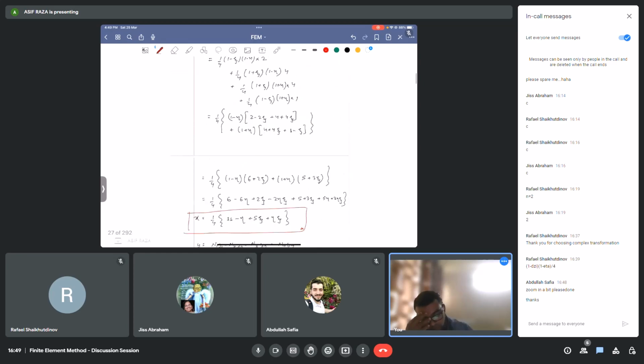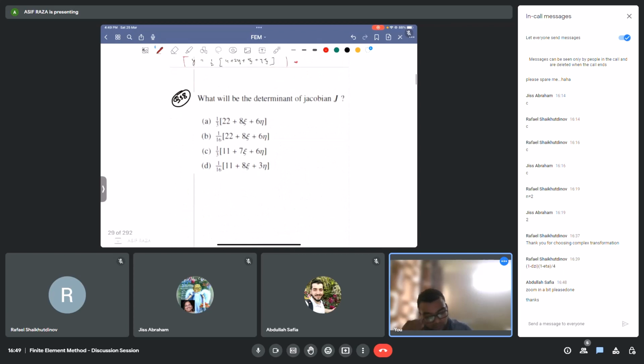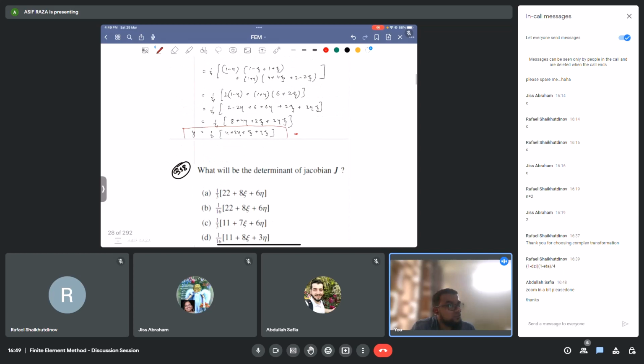Okay, now we'll move on to the next part of this question. So what will be the determinant of Jacobian J? And as you all know, the answer to the previous question would be applicable here. We need to utilize that answer to solve this.